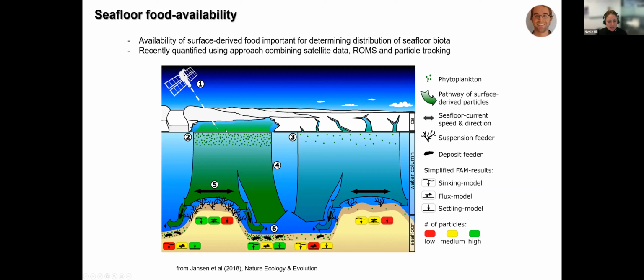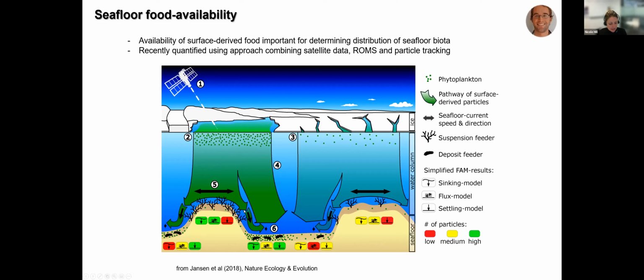So he used the satellite data to seed the oceanographic model, transported these particles through the various layers of the oceanographic model until they reached the sea floor, and then looked at where they initially sank, where they moved to, and where they finally settled based on seafloor currents.